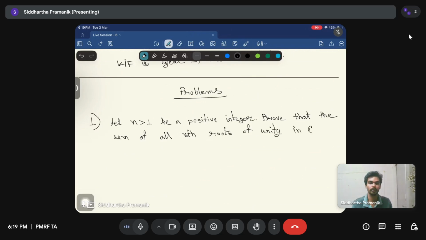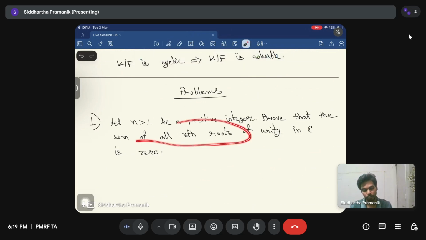Because we are not talking about any arbitrary field, just our working field, which is the complex numbers. So that is the problem. We already know for cube roots of unity it is true. But here we want to say that it is true for all nth roots of unity, where n has to be at least 2.